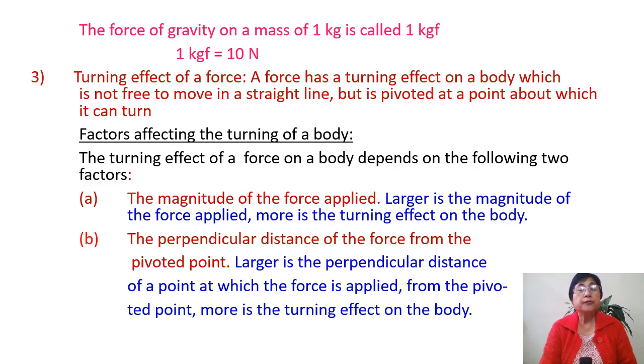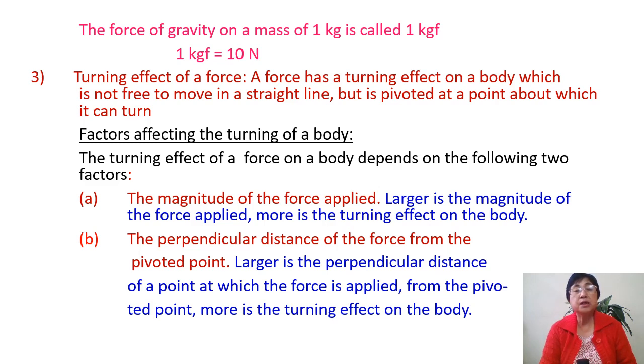So a force has a turning effect upon a body. A force has a turning effect on a body which is not free to move in a straight line, but is pivoted at a point about which it can turn. This is important, remember.